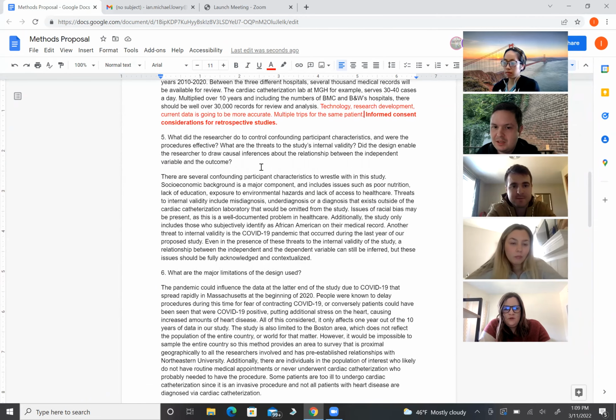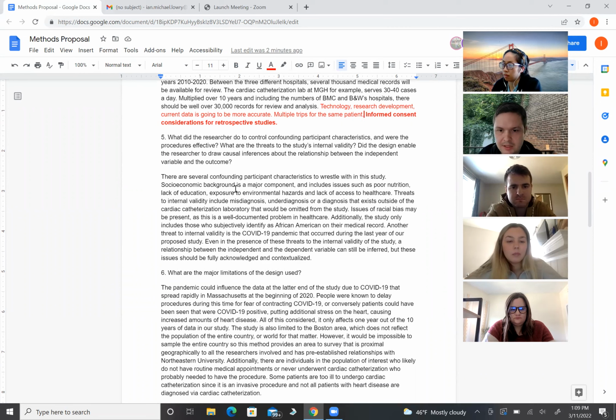We kind of started talking about this already. But what did the researchers do to control confounding participant characteristics? Were the procedures effective? Discussing threats to the study's internal validity. And did the design enable the researcher to draw causal inferences about the relationship between the independent variable and the outcome?